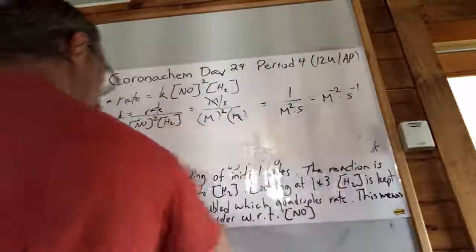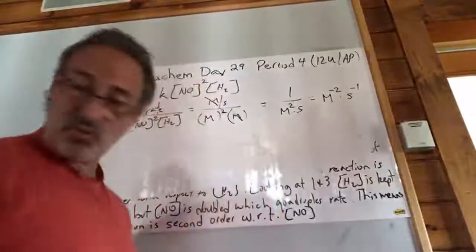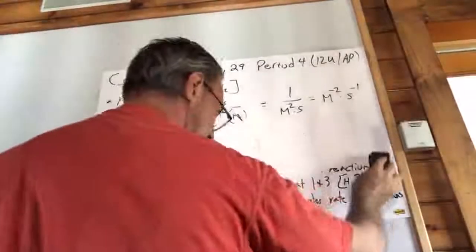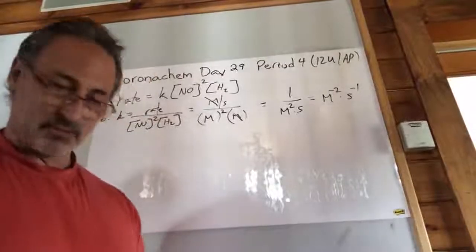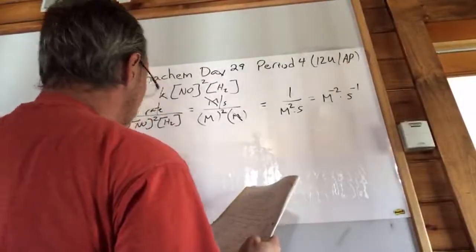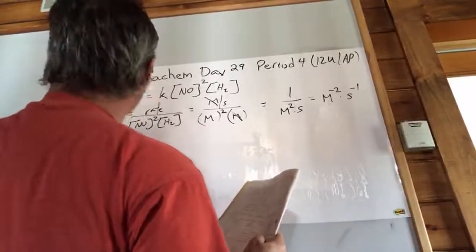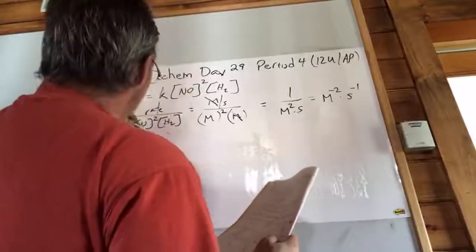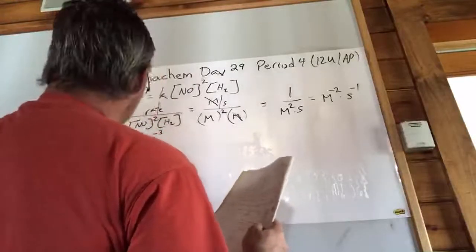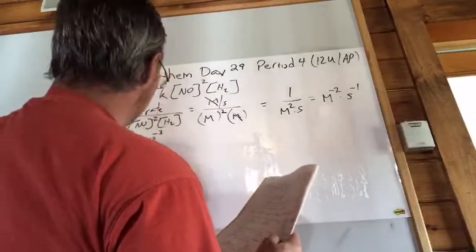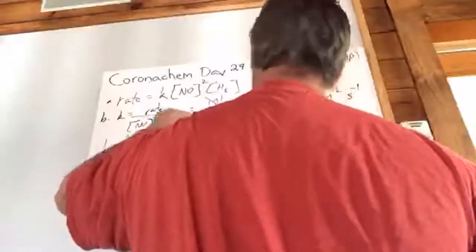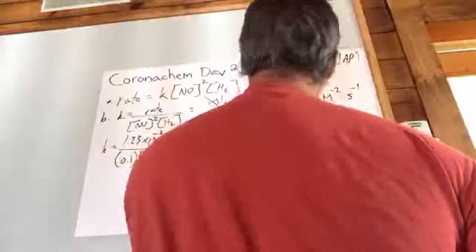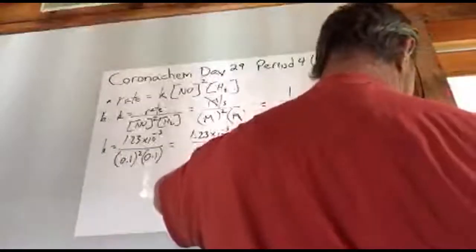Just pick any one of the experiments. I think I picked experiment number 1, 1.23. That's right, experiment number 1 data. So I plugged in the numbers. And it says K equals 1.23 times 10 to the -3 over 0.1 squared times 0.1, which gives you 1.23 times 10 to the -3 over 0.001 and 10 to the 0.